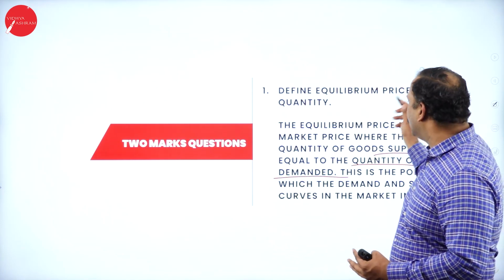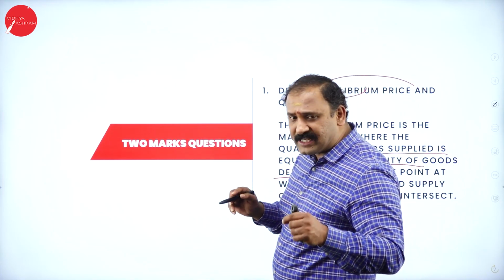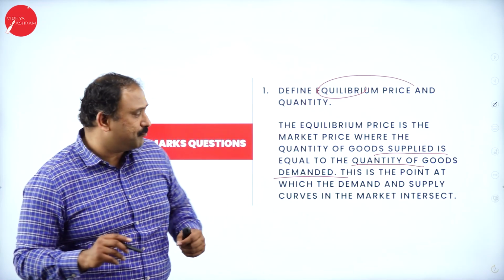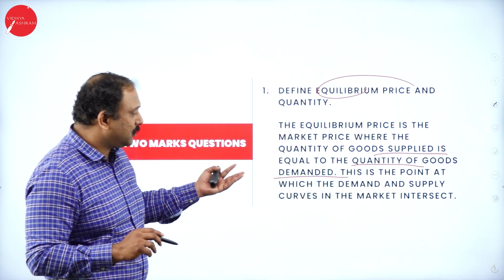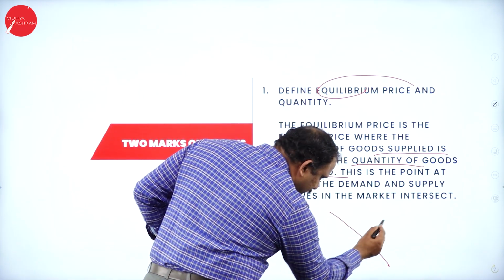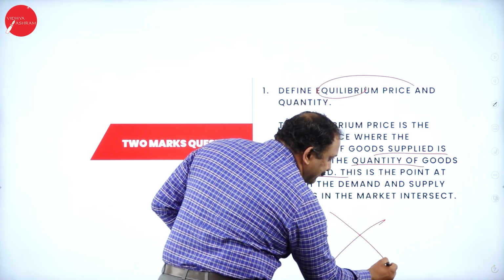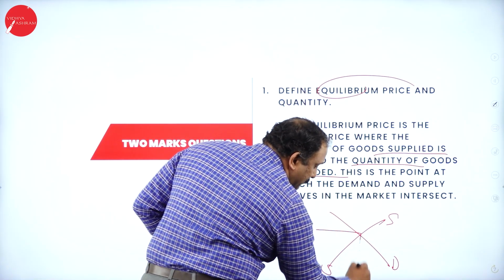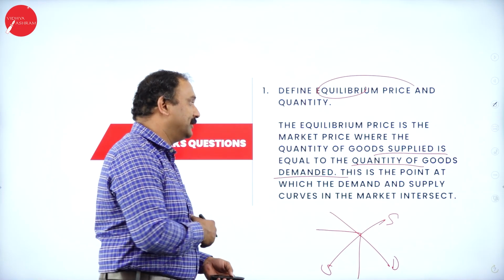So whenever people ask you about equilibrium price and quantity, I always say that the point at which the supply and demand functions match is where we bring in the equilibrium concept. This is exactly like a curve. If I put it down here, for example, this is the demand curve, this is the supply curve. So the equilibrium point that we are talking about is the matching point altogether.